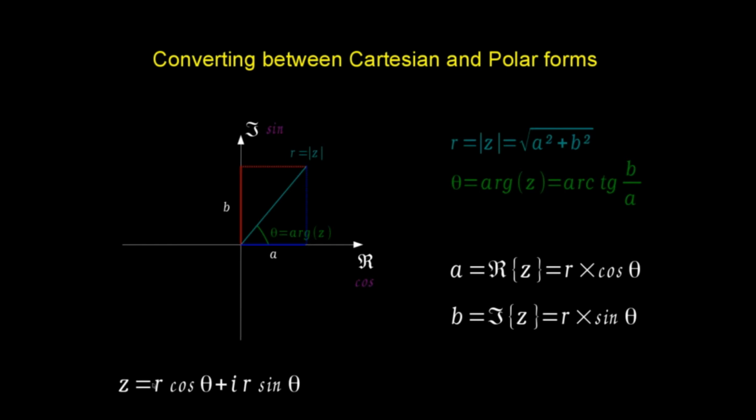Now if we also look at the polar form, I've talked to you about this r cis theta, and this cis is an abbreviation of cosine theta plus i sine theta. In other engineering subjects, we can also find the polar form represented by z equal to r times e raised to i theta. This is the Napier number, and this is also a representation of our complex number in the polar form.